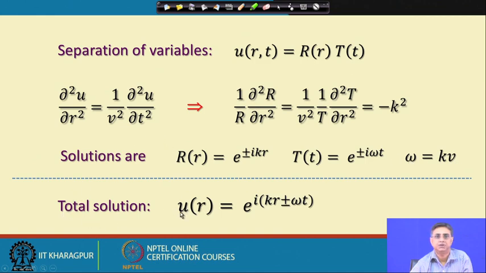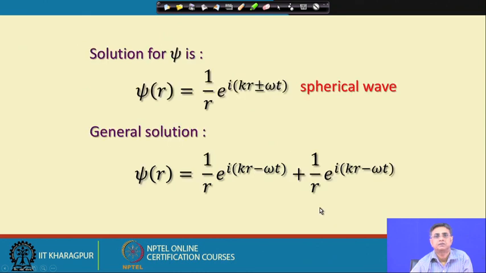So, the total solution takes the form of u of r equal to e to the power of i k r plus minus omega t. But we started with psi. So, to get back to an equation of psi, we should write psi of r equal to 1 by r e to the power of.